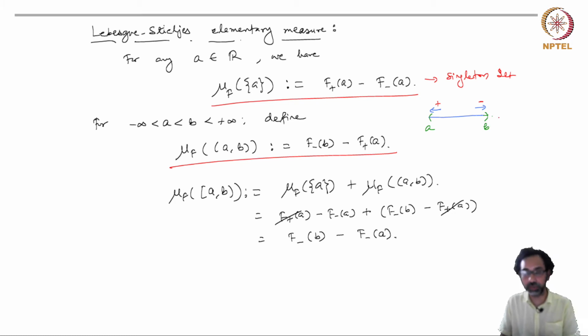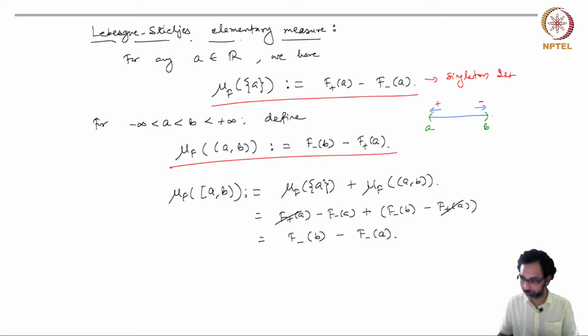So the higher endpoint you approach from the left and the lower endpoint you approach from the right. So conceptually, if you understand these two cases, then you can derive all the rest of the formulas using some kind of finite additivity law imposed on these elementary measures.